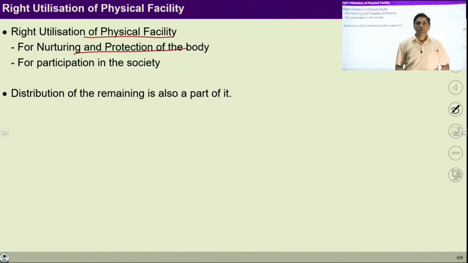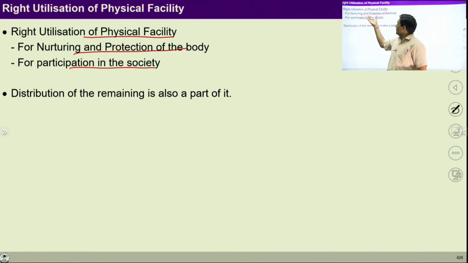So we need food, we need clothes, we need technical instruments, technologies to nurture and protect our body. Similarly, I want to participate in the society, and for this participation I need resources, I need physical facility. So right utilization of physical facility means nurturing and protection of the body and participation in the society.